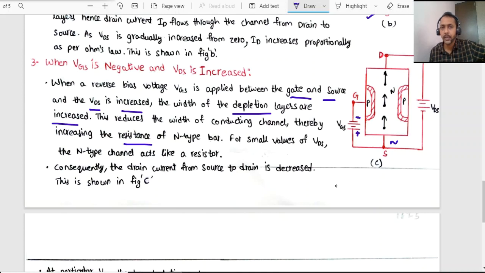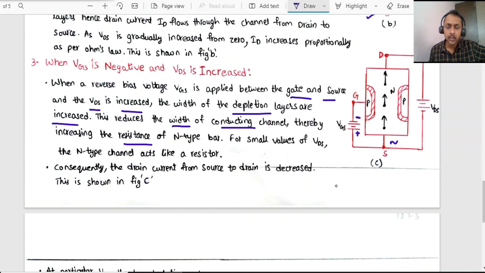I repeat again, if VGS, the reverse bias voltage, is increased, the width of the depletion layer will increase, right? And it is going to reduce the conducting channel width. As and when depletion layer width is increasing, conducting channel width will reduce.